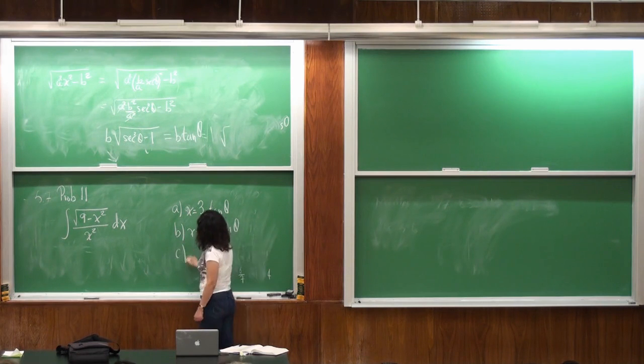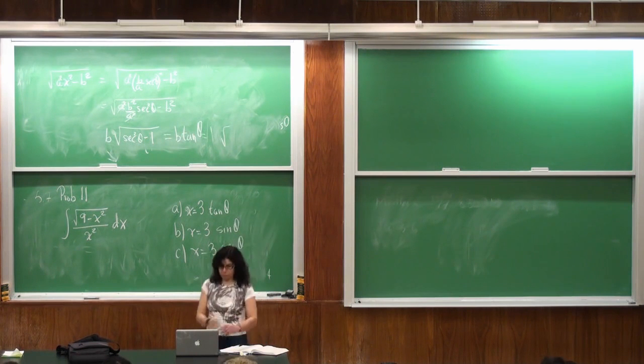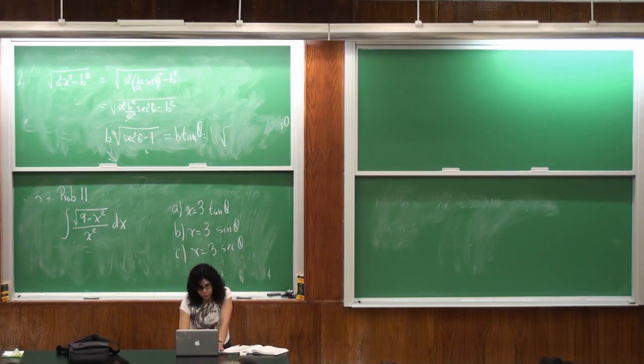And then C, x equals 3 secant of theta. Okay, little question. So let's open that. What can you do? So I'm opening the web page. Now I'm going to open the key.